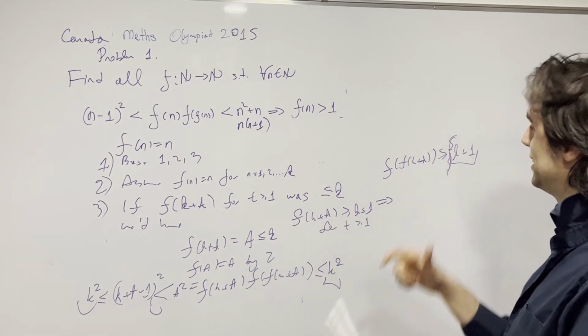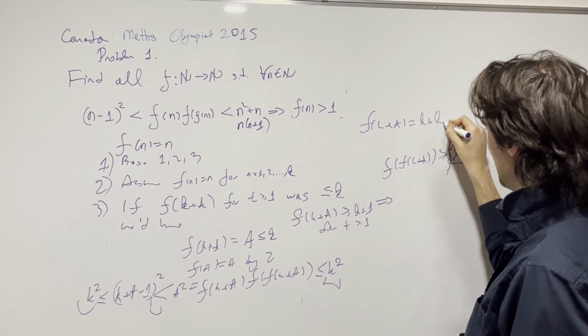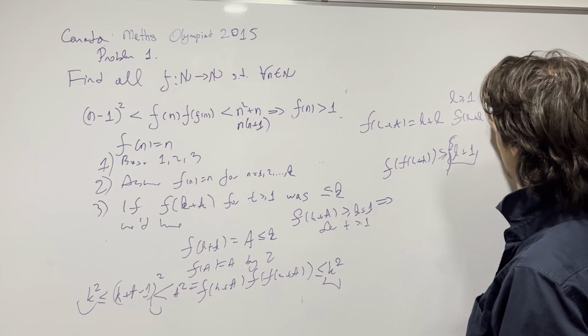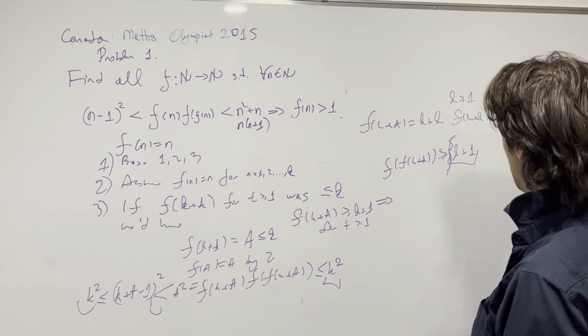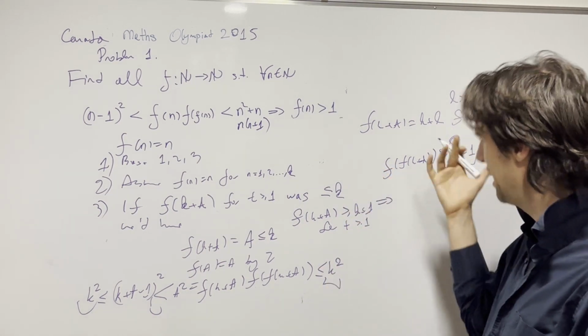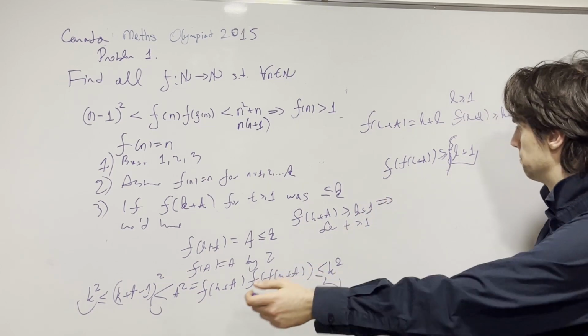I would put this as f of k plus t equal to k plus l for l greater than or equal to 1, and then f of k plus l is greater than or equal to k plus 1. I think I might need to do it like this. I'm not sure, but you get the substance, the point here.